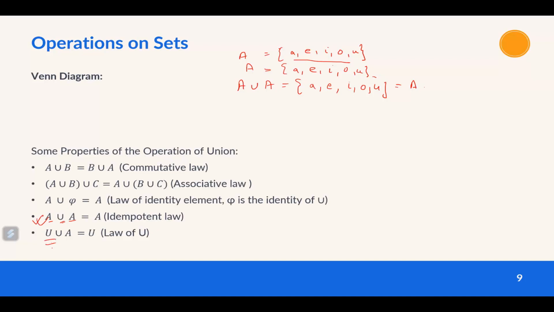Here U represents the universal set. The universal set contains all the possible sets.